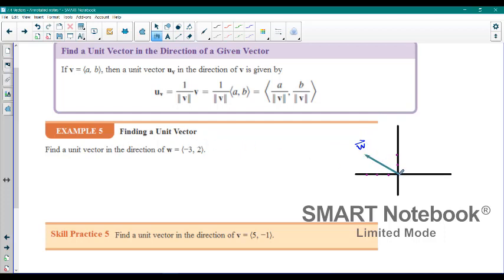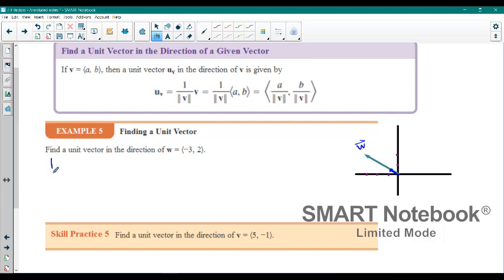What we would be interested in doing is finding a vector of length 1 that's in the same direction that W is in. Well, if I want it to have a length of 1, then I need to find out this total length and multiply by 1 over that. So like if it was 5, I would want to multiply by 1/5. If it was 4, I would want to multiply by 1/4.